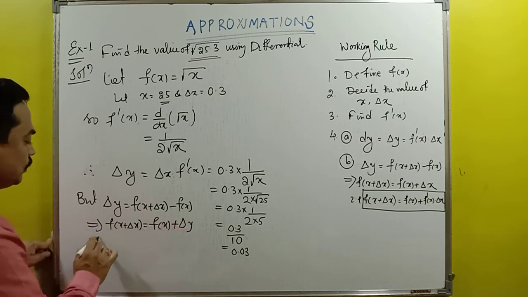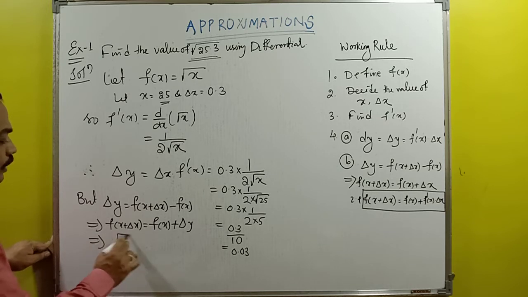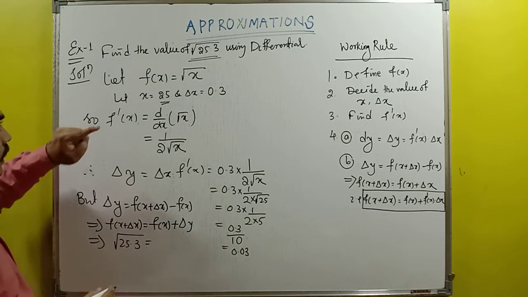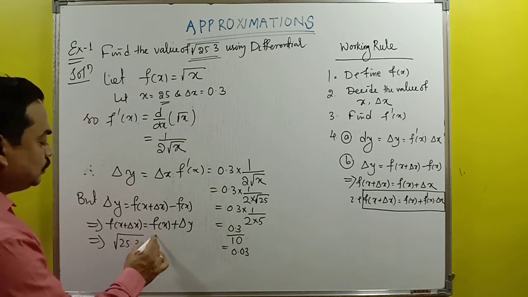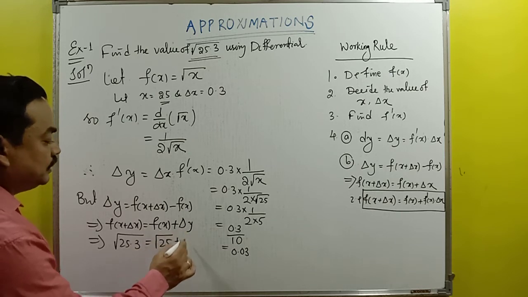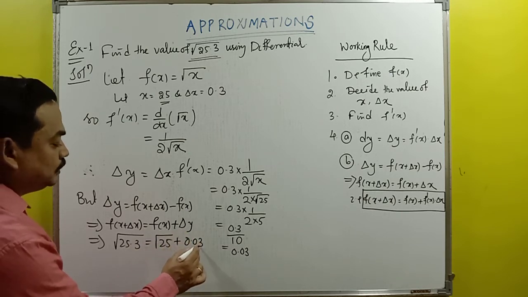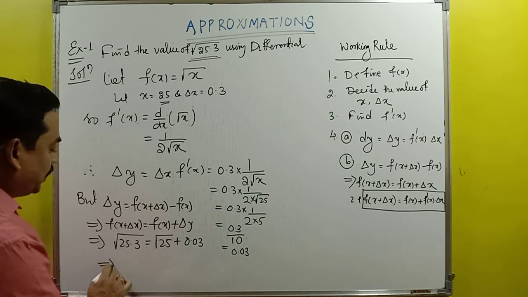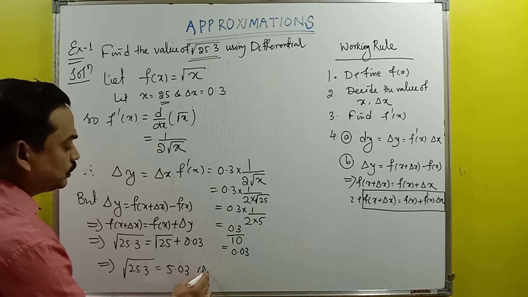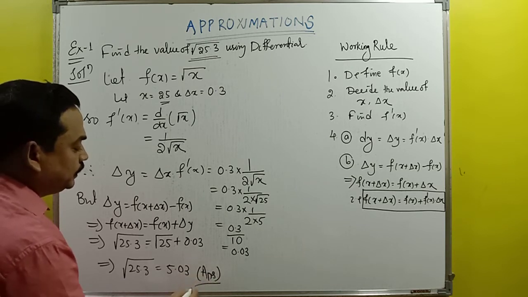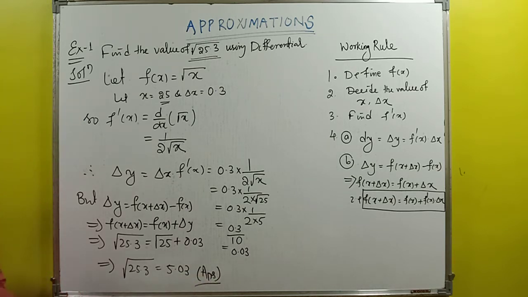Now put the values: x plus del x is root of 25.3, because x is 25, del x is 0.3. Then f of x is root 25, plus del y is 0.03. So this implies root of 25.3 is 5.03. This is your approximate value of this function.